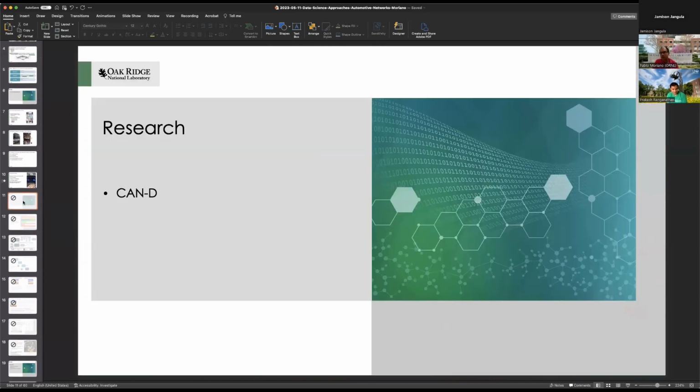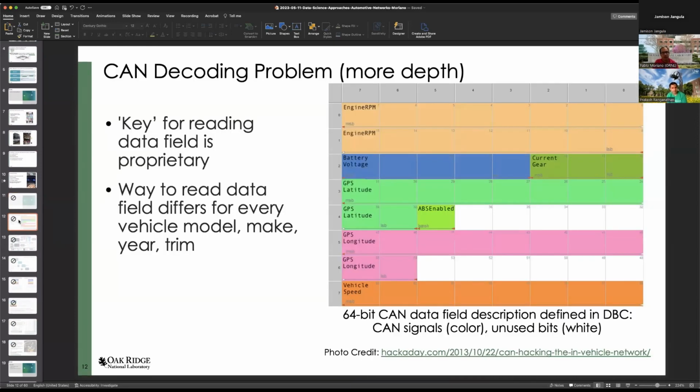With respect to your second part, there is this other work that was done by other collaborators here, and I want to highlight it because it's super novel work. That is the problem of decoding those signals in the CAN bus, right? I didn't talk about this in this talk, but the idea is that you have these 64 bits encoded into the frame, and you don't know the meaning or the semantics, right?